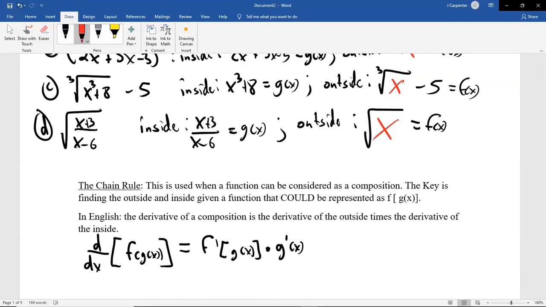So again, this is the derivative of the outside, the F prime part. And times this is the derivative of the inside. Now, when you actually go to take the derivative of the outside, you are going to do this kind of red X thing. You're going to use that to represent it. But when you actually go and show the answer, you're going to have to go and write what the inside is.